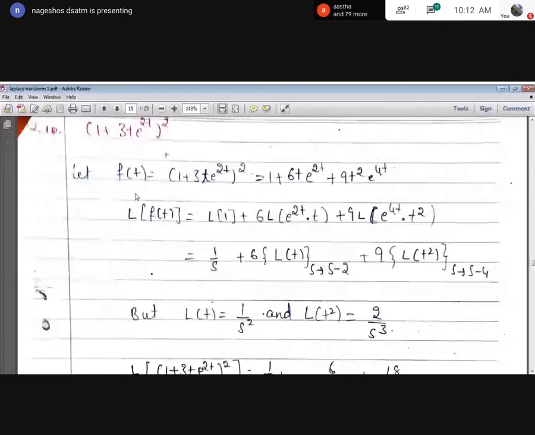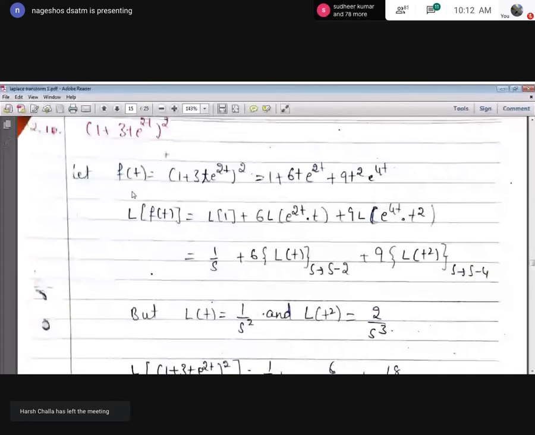Both you can use. So a square, that is 1 square. Then 2ab, 2 into 1 into 3t e power 2t, that is 6t e power 2t, plus b square. b square is the whole square of this, that is 9 t square e power 4t. Next, take the Laplace transform to each term: the Laplace transform of 1, the Laplace transform of this, the Laplace transform of this.